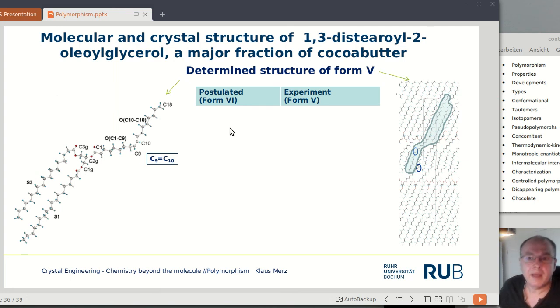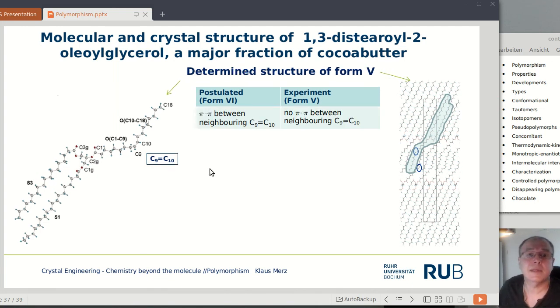And if you compare the experimental crystal structure with the postulated calculated form, you can think about the differences. Explanation of the difference of different forms of glycerol. Well, first thing is, as I talked about this carbon-carbon double bond, you would expect that you have pi-pi interactions of neighboring double bonds.